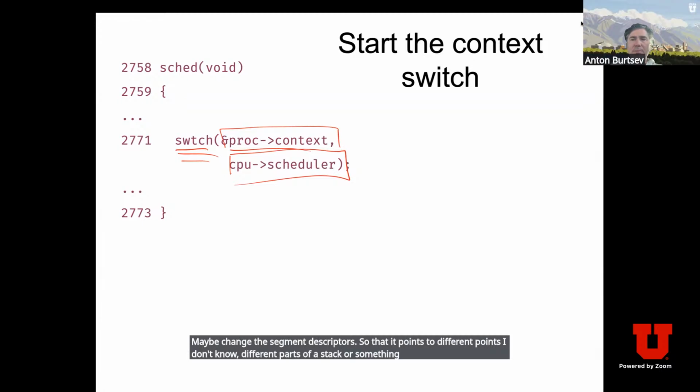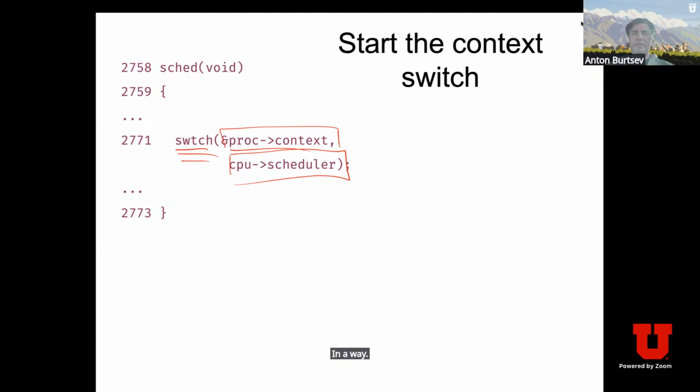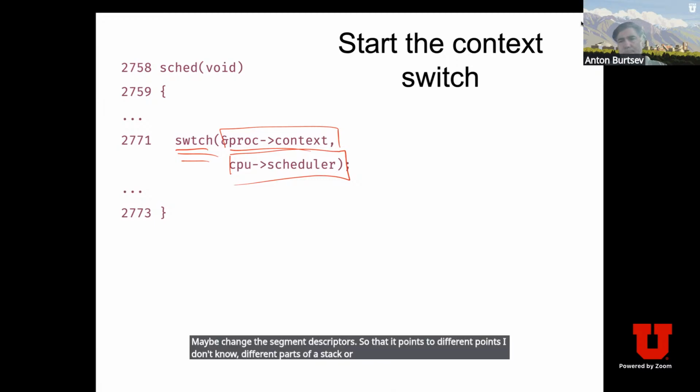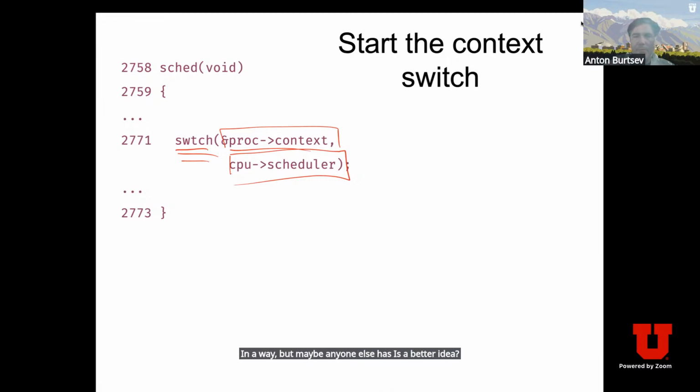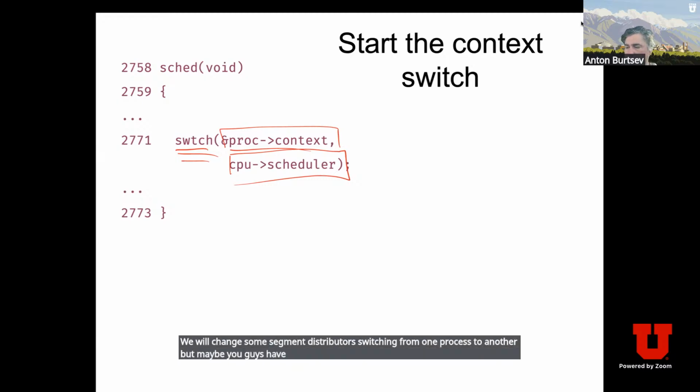In a way, but maybe anyone else has a better idea. We will change some segment descriptors, switching from one process to another, but maybe someone can suggest a more concrete plan, or what needs to happen?